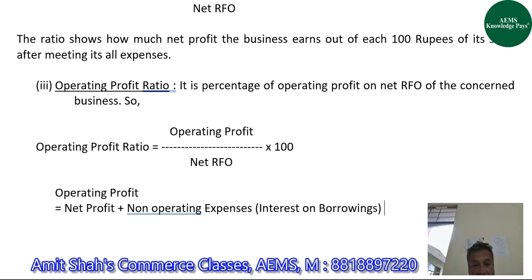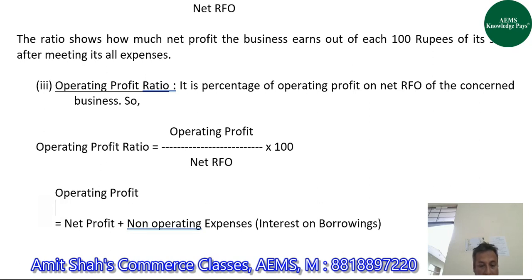Interest on borrowings is non-operating expense. Because of this, our net profit decreases, and that is why we add it back to the net profit so that we could determine operating profit. Operating profit is actually the profit earned from operating activities of the business.